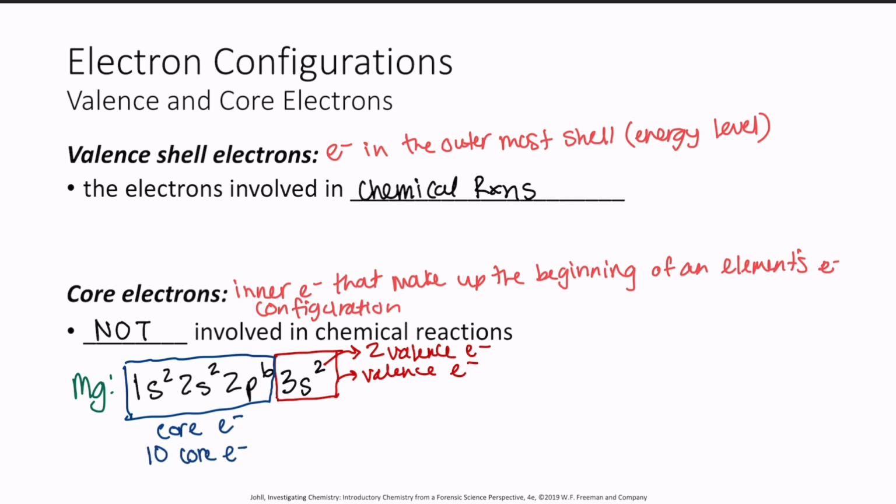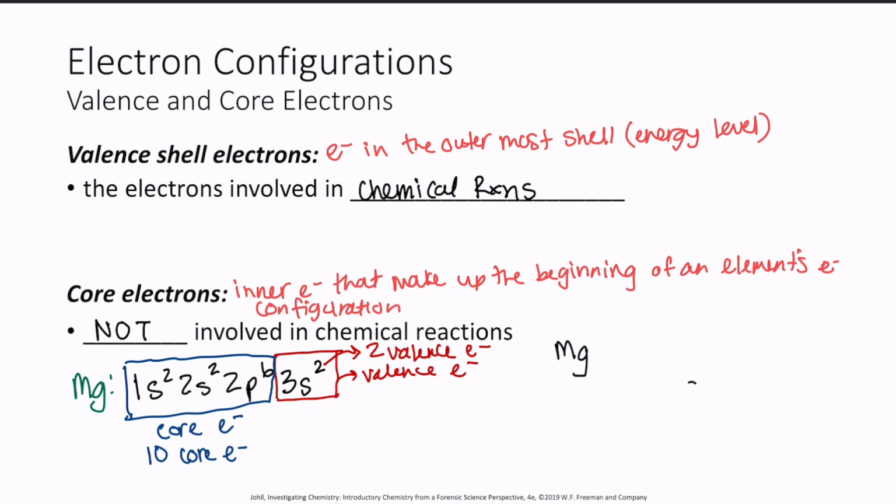So for magnesium, we have 10 core electrons that are not participating in chemistry and 2 valence electrons that will participate in the chemistry. Let's draw a little diagram with the energy levels of magnesium to represent this a little more. So magnesium uses a total of 3 energy levels.